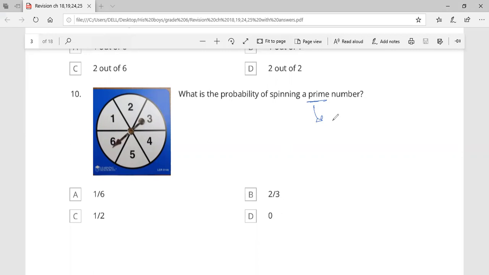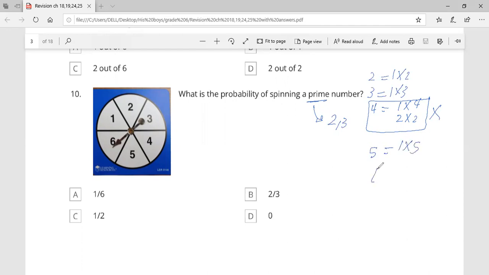What I mean is, a prime number is bigger than 1. 2 is a prime because we have only 2 factors, 1 multiplied by 2. 3 is a prime number because it is 1 multiplied by 3 only. 4 is not prime. 4 is 1 multiplied by 4, and 2 multiplied by 2, so 4 is composite, not a prime number. 5 is 1 multiplied by 5 only. 6 is 1 multiplied by 6, and 2 multiplied by 3, not prime.